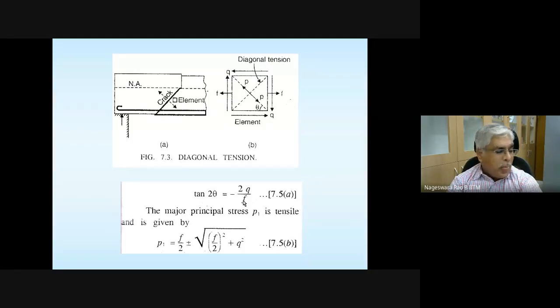If tan 2 theta is equal to infinity, what is theta? You tell me. One of you needs to tell me quickly. You all came through the JEE exam. If tan 2 theta is equal to infinity, what is theta?